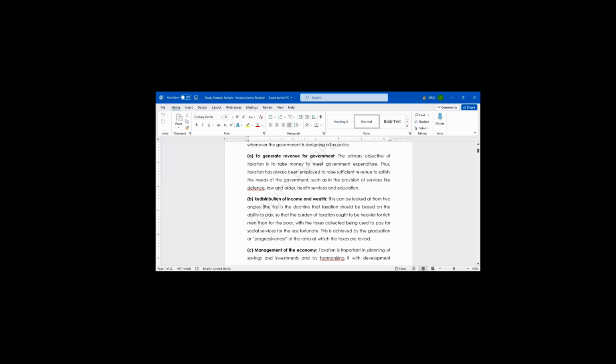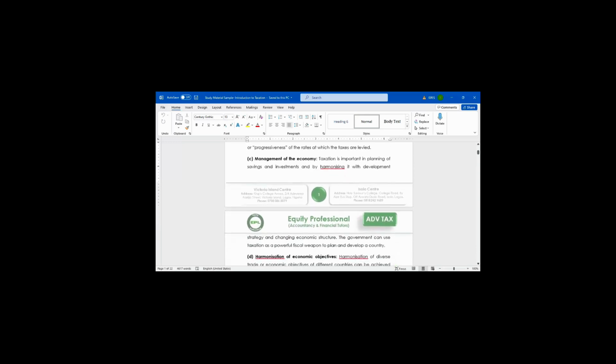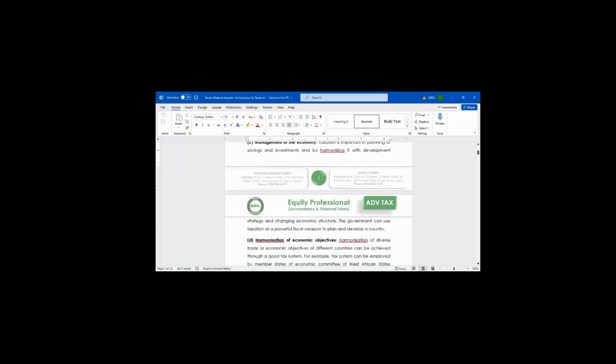Another objective of taxation is management of economy. One of the reasons government collects tax is to use it to manage the economy. Tax is one of the fiscal policies of government. We have monetary policy, we have fiscal policy. One of the tools of fiscal policy is tax. Government can use tax to control inflation, to control employment, and for price control.